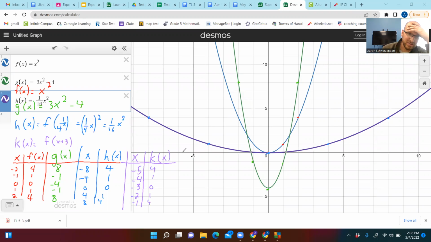And I get the same result whether I enter it in function notation or in this notation or in that notation. So either of these notations, when I enter it in Desmos, will show me the same thing. And I'll do that in a second, after I've plotted my points.